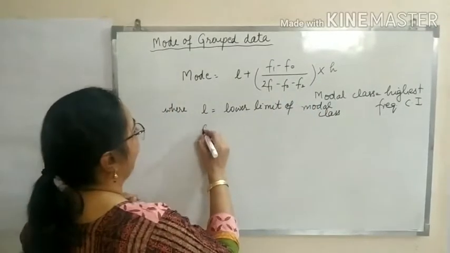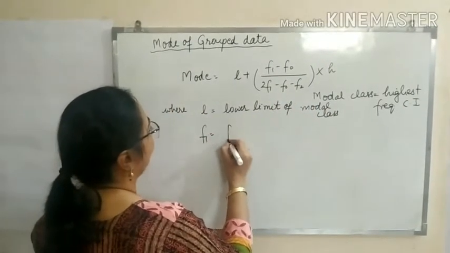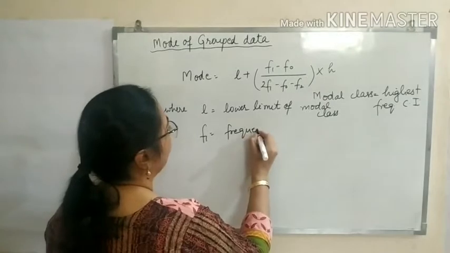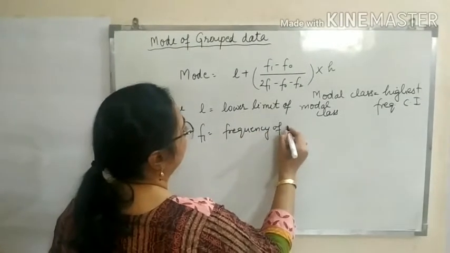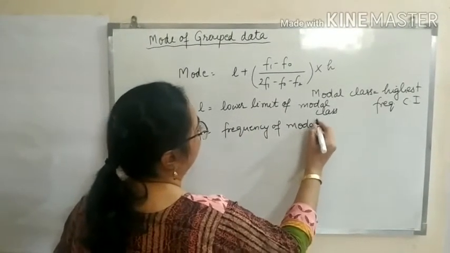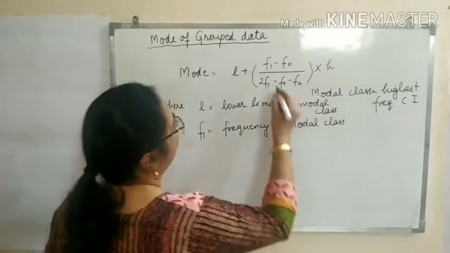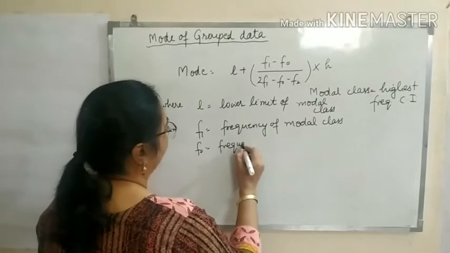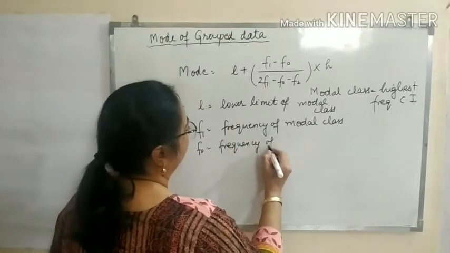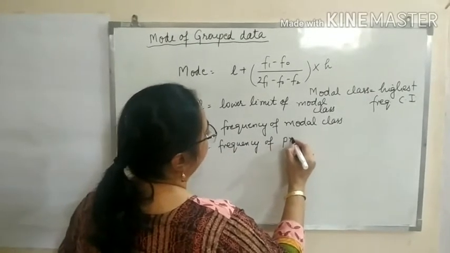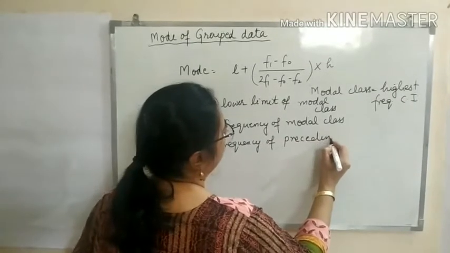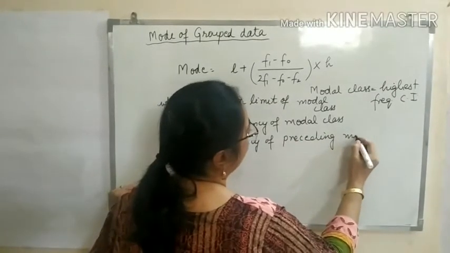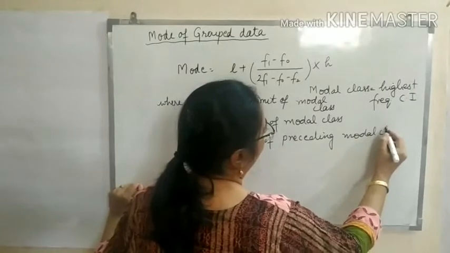Then we have F1, which is the frequency of modal class. F0 stands for frequency of the preceding modal class. Preceding means the class which is earlier, before that modal class.